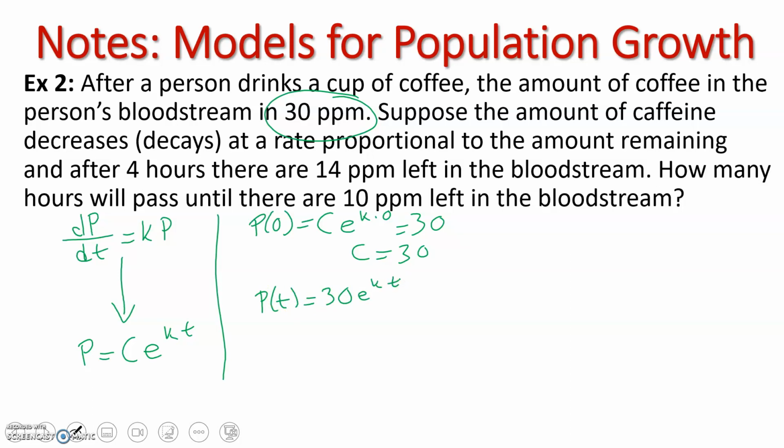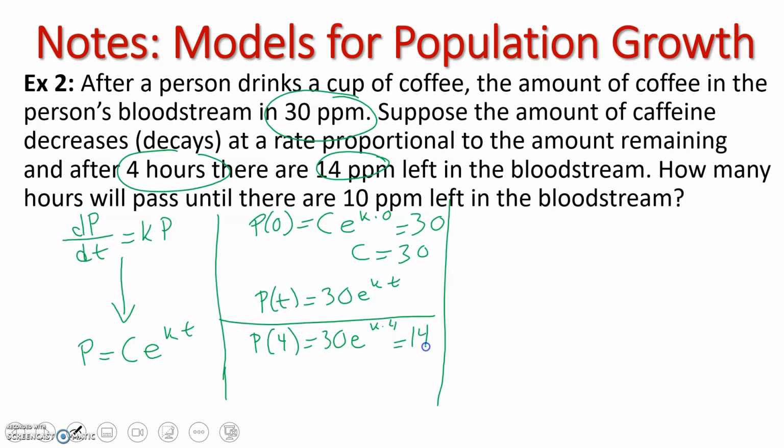We then recognize that at 4 hours later, there are 14 left. So the population at 4, which is 30 e to the k times 4, is 14. Dividing both sides by 30, we get e to the 4k is equal to 14 over 30.